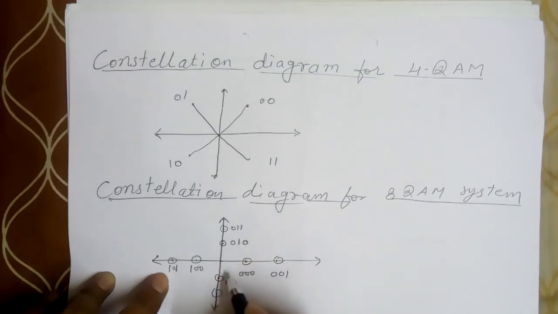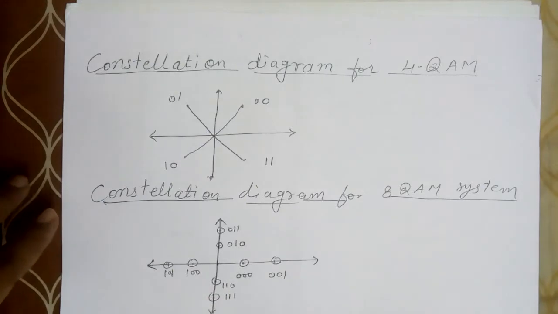So here both the things can be observed, phase shift keying and amplitude shift keying. These points have same phase but the amplitudes are different. So both the things can be visualized here, ASK as well as PSK. That's why it is called QAM system.